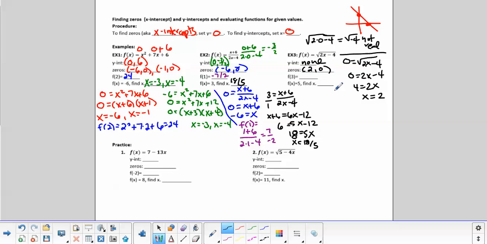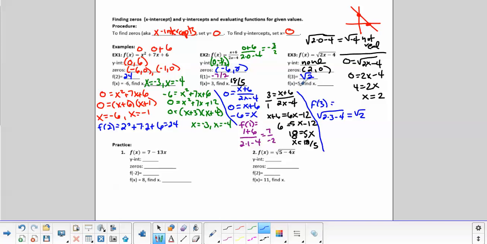To find f of 3, plug the 3 in. So square root of 2 times 3 minus 4 gives you square root of 2. So f of 3 equals root 2.